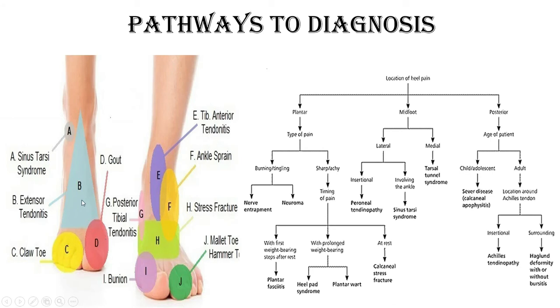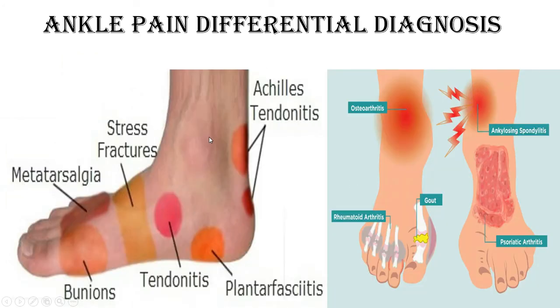Now if there is any pain over this anterolateral aspect, this is called sinus tarsi syndrome, because if the pain is over, see, this is the medial malleolus, and just below the medial malleolus what will pass is the tibialis posterior tendon, then the neurovascular structures along with the tibial nerve.